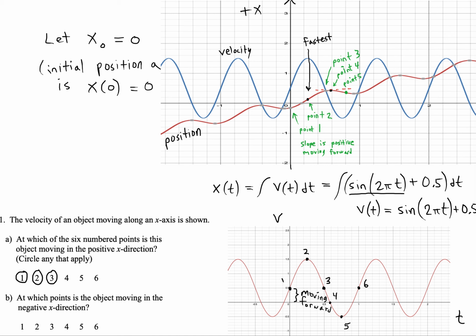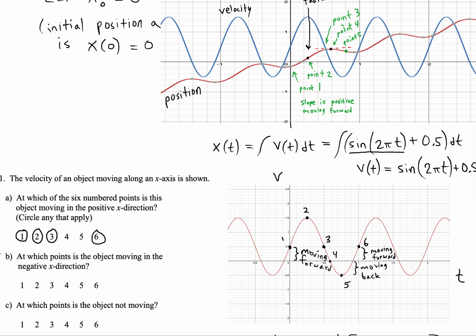So I won't circle that one. So this is moving back. And then at point 6, it's going to be moving forward again. So I will circle that one.